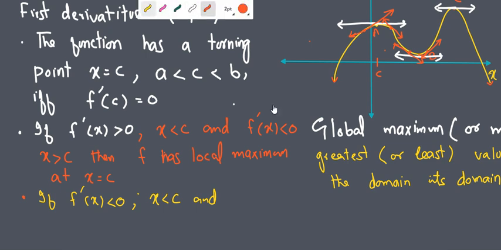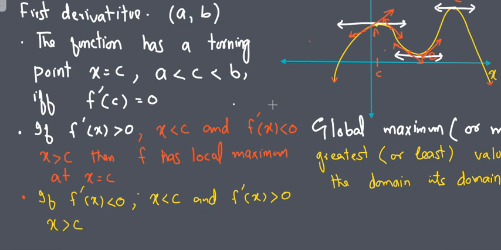So the second condition would be f prime of x is greater than 0 for x on the right side of C. Then we will say f has a local minimum at the point x equals C. Is there any confusion? No, sir.